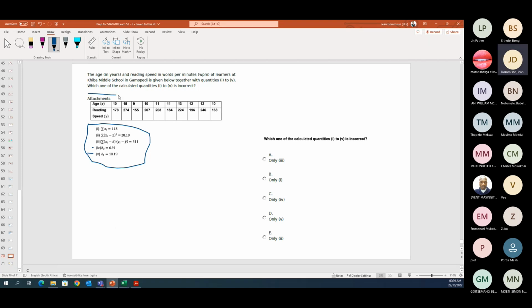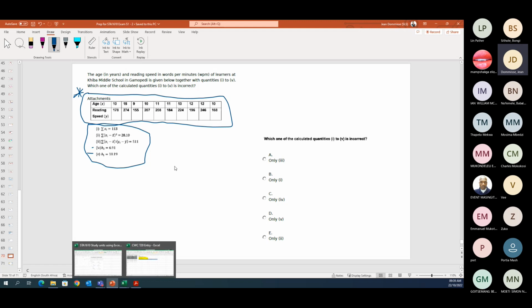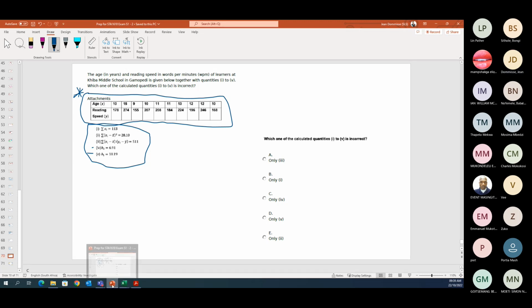Here they only give you the data. So there is no way you can do this question without your calculator or without Excel. So there is just no other way. So we will need to use one of those two for this question.